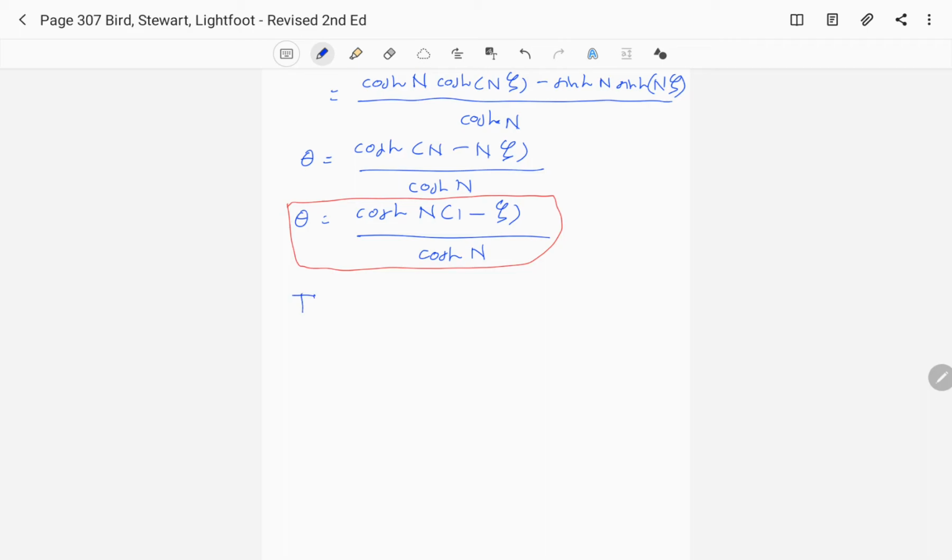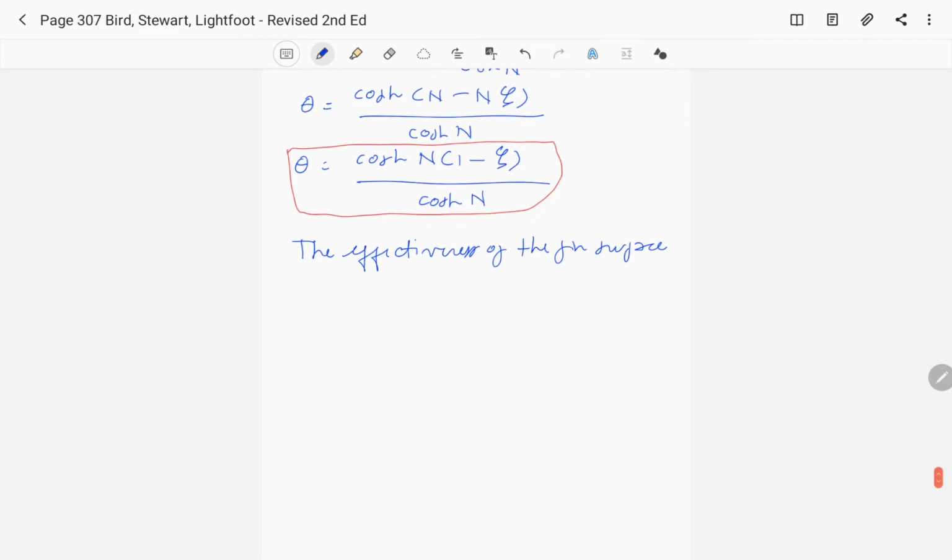Okay, then the effectiveness of the fin surface can be defined by this factor called mu.